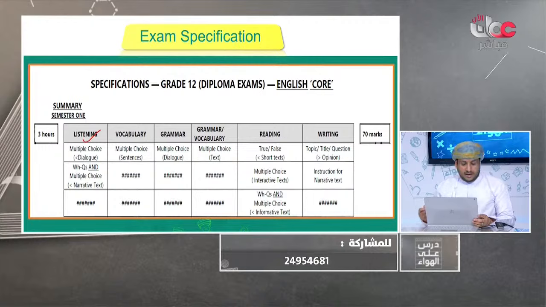The second task will be divided into two parts, WH question and then a multiple choice. For the vocabulary, we have all multiple choice, vocabulary, grammar and vocabulary. So all grammar and vocabulary questions will be shading the bubbles, which I think will be a great idea for you. So no need to write anything, only shading in the bubbles next to the correct answer.